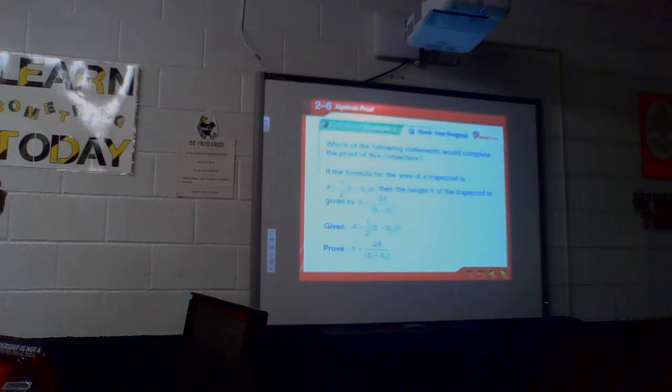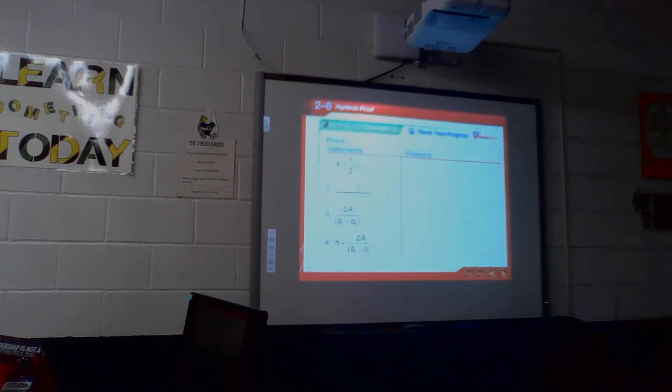So Lauren's right though, we're going to multiply both sides by 2, so we would have had 2a, and then (b1 + b2) in parentheses times h. So how do I get that b1 plus b2 to the other side? Divide, right? So let's see what they did. They did it the exact same way that Lauren did it, right?